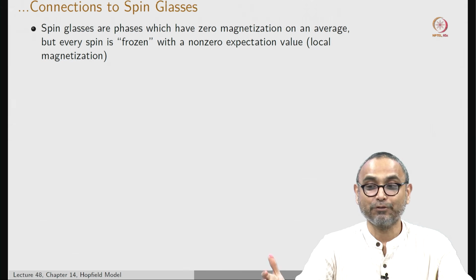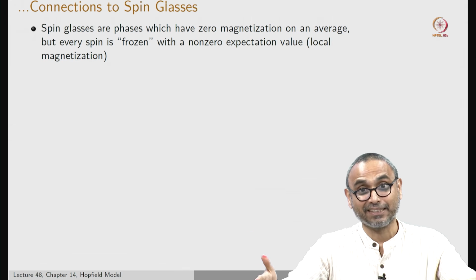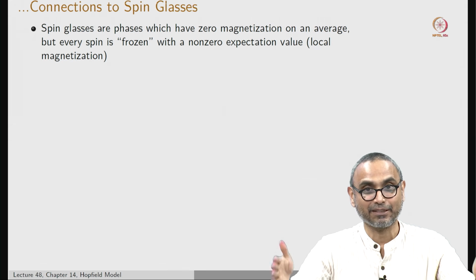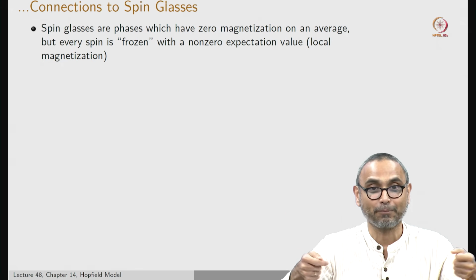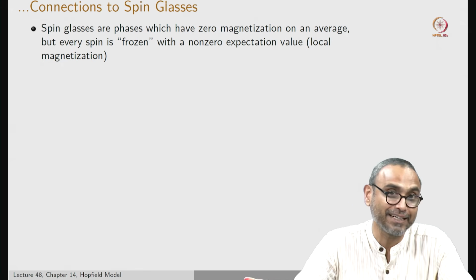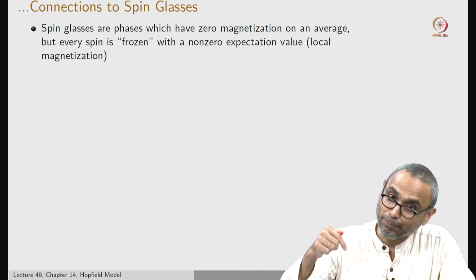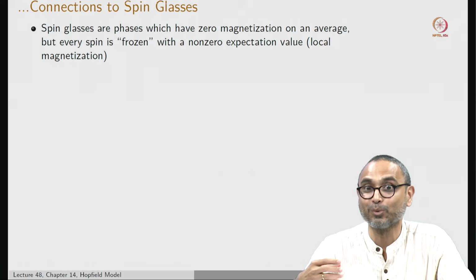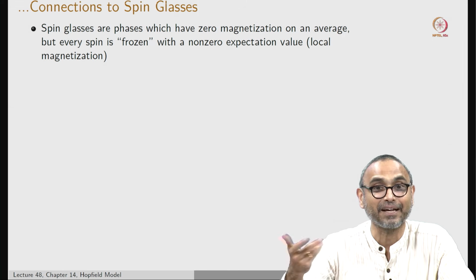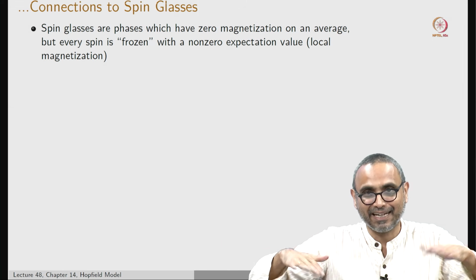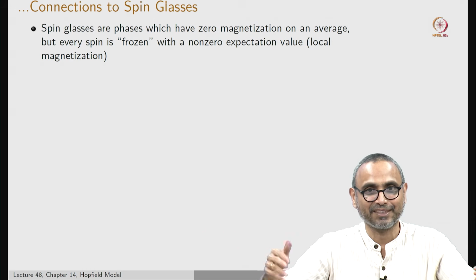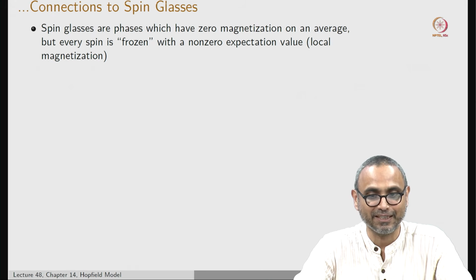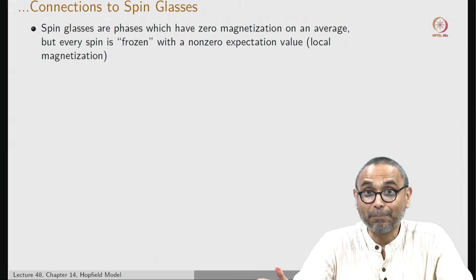So, the idea is that if you probe the total magnetization of the sample on a very large scale, you will find it has no magnetization. But if you probe on a small scale, like the atomic or lattice scale, you will see that there is some kind of magnetization forming. It is like random magnetization, positive, negative, which then averages out to 0. So, this is a peculiar state.